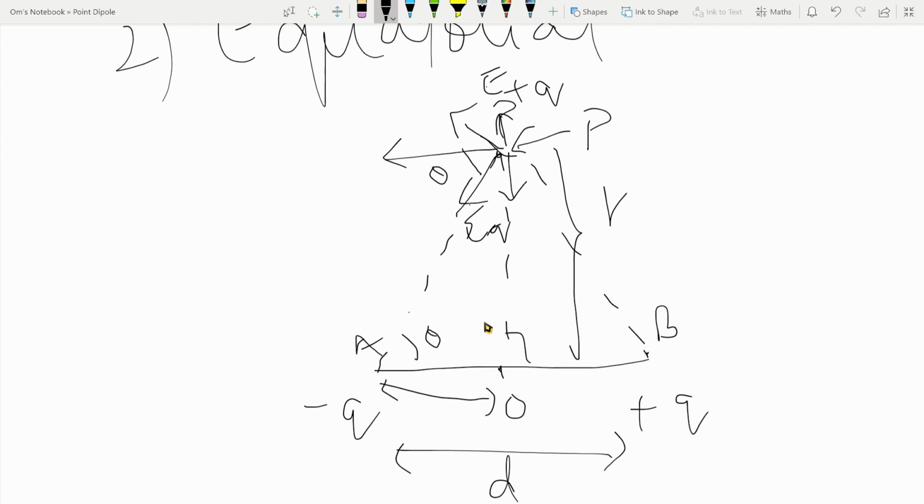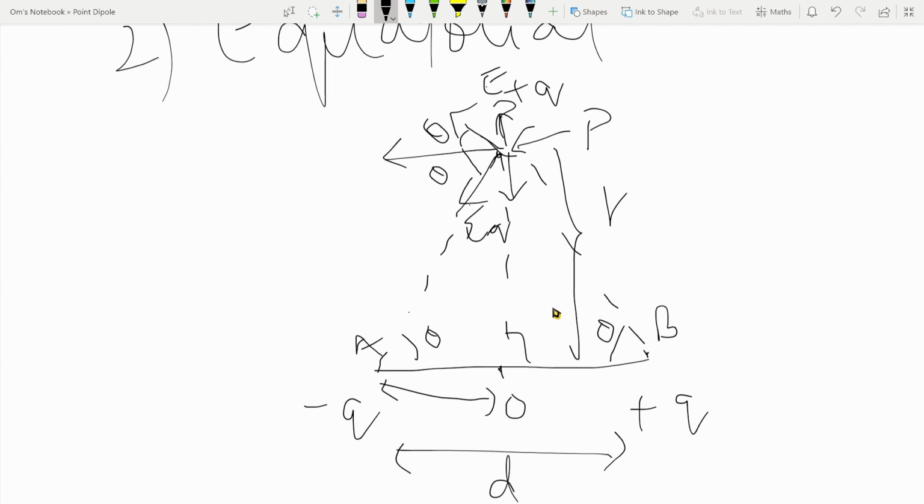Because they're alternate interior angles, I believe, this angle theta and this angle theta are equal. Similarly, this angle theta, which is equal in magnitude to this angle, will be equal to this angle theta because they are corresponding angles. So you can clearly see that these two angle thetas are actually the same, and we can then find sine theta and cos theta from this triangle over here, which is actually a right angle triangle, right?